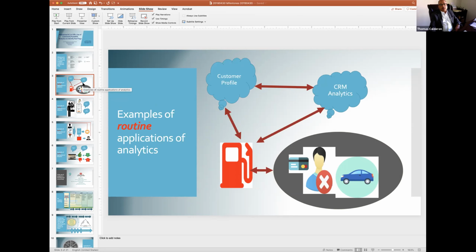Now, the interesting thing about this particular slide is that it reflects what I typically refer to as data at source. And because there is a lot of data at source, companies are able to collect that data and use that data for data-driven decisions.